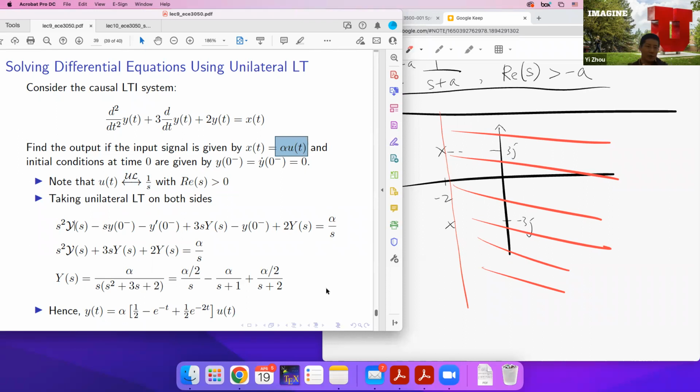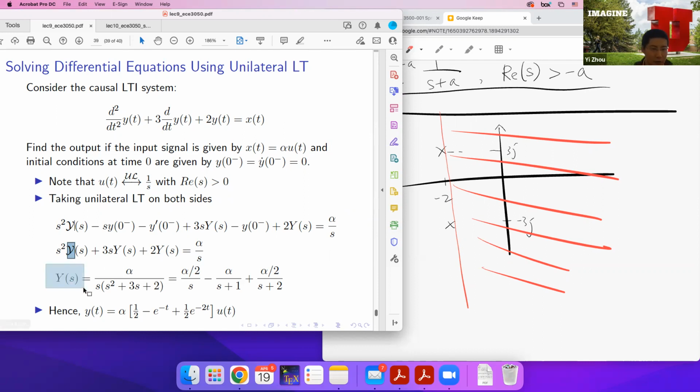Okay, now you have this transformation, you plug in all the initial conditions. You have this one. Now you solve this equation. In the end, you get, again, this should be this unilateral transform. Okay, it's not the normal Laplace transform.